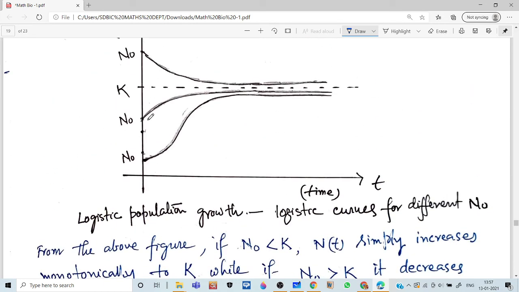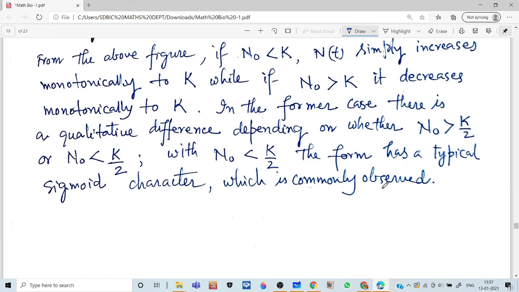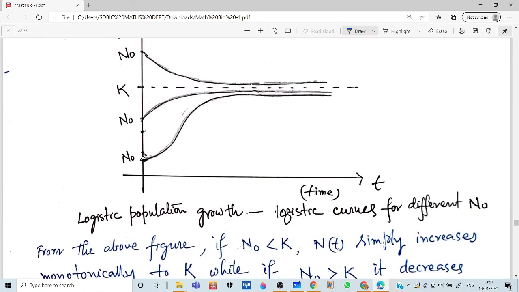This is k, so k by 2 is this point. If n0 is less than k by 2, we get a typical sigmoid character, which is commonly observed. This is the sigmoid character.